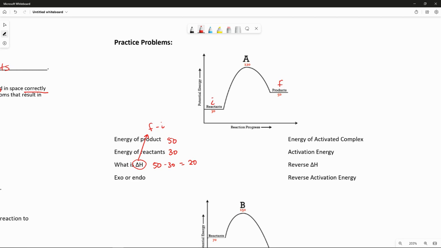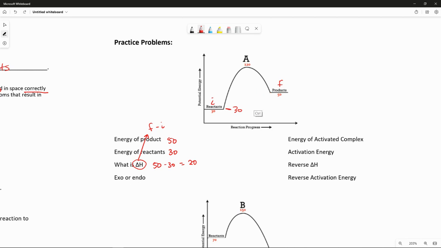If we look at the graph, we can determine whether this is exothermic or endothermic. Exothermic is when heat exits the system, so the reactant side will have a greater energy than the product. Endothermic is where heat enters the system, so the reactants will have less energy compared to the product side. Based on this, the reactant side started with 30 energy, and the product side ended with 50 energy.